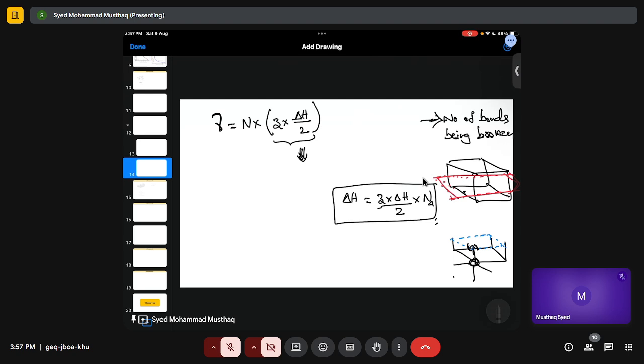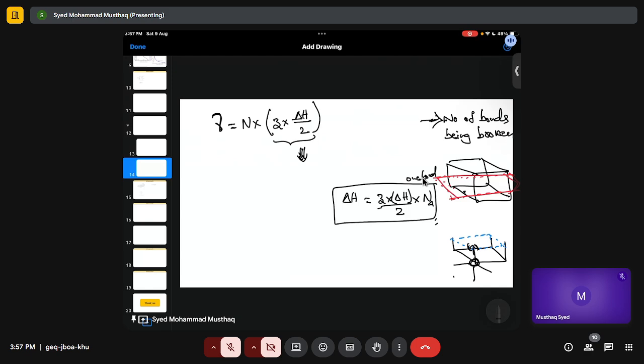Right. Now if I don't know my delta H of breaking for one bond, it is not easy to calculate, right? For a single bond, we cannot just take two copper atoms and break them. It is not possible, right?